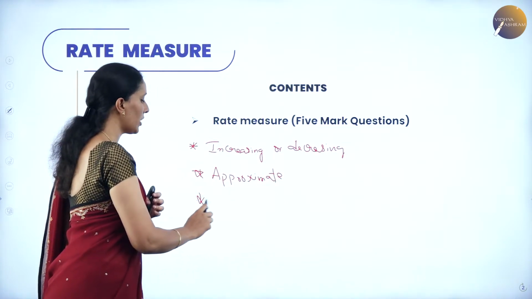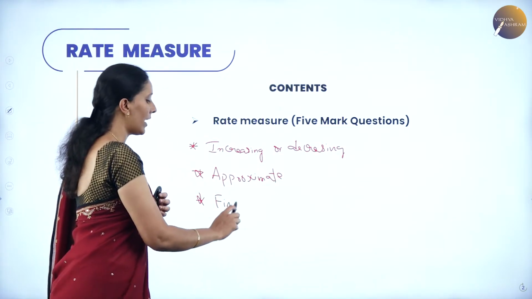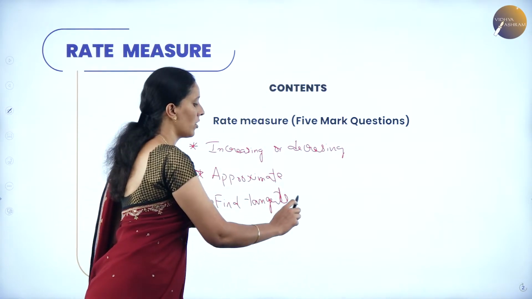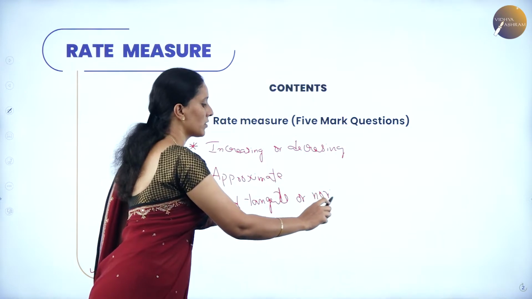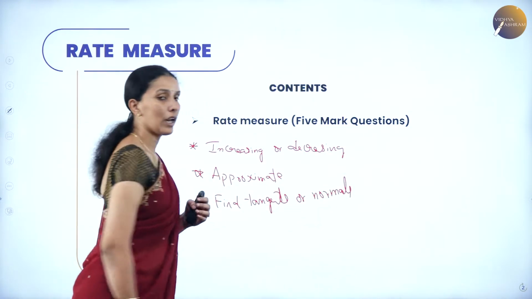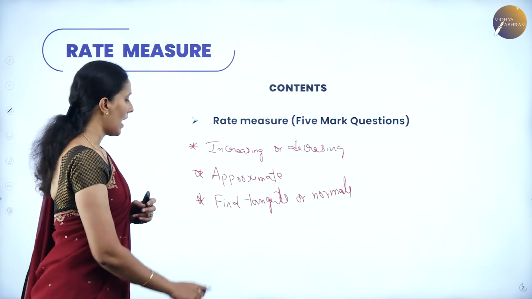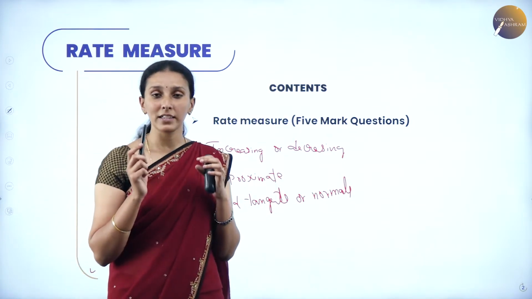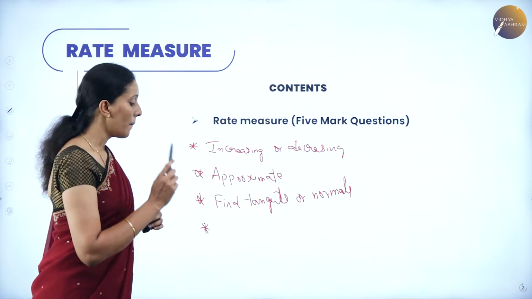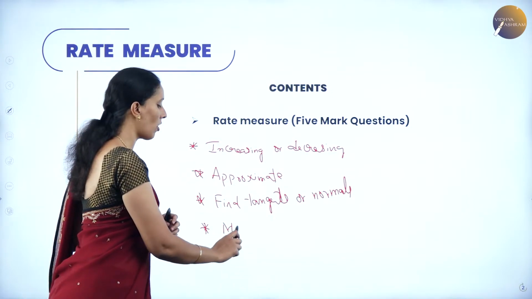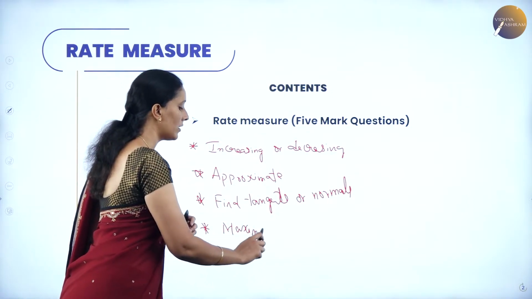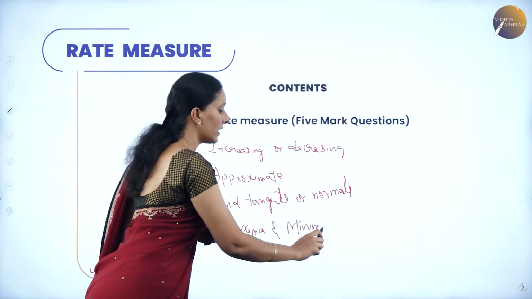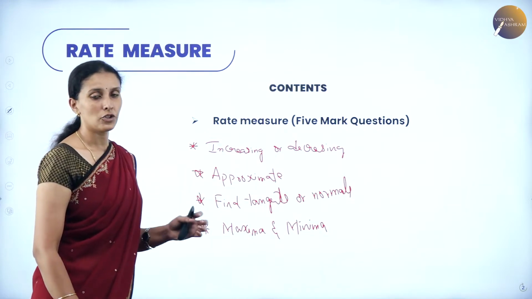We can find the equation of tangents, the slope of tangents, or normals. A normal is a line perpendicular to the tangent. And we can find the turning points in the curve, that is, the maximum value, called maxima, and the minimum value, called minima, of a particular curve geometrically.